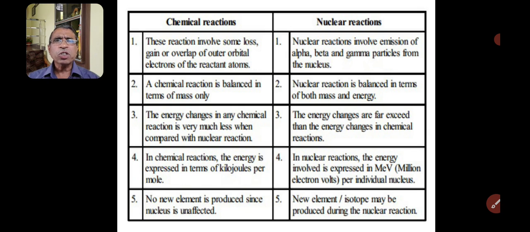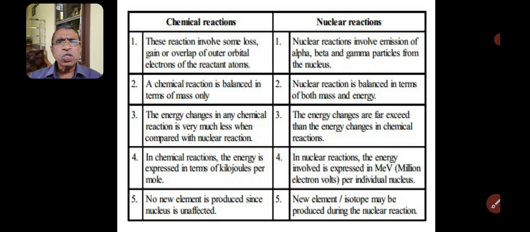A chemical reaction is balanced in terms of mass only. A nuclear reaction is balanced in terms of both mass and energy. The energy changes in chemical reactions are very much less when compared with nuclear reactions. The energy changes are far more than in chemical reactions.